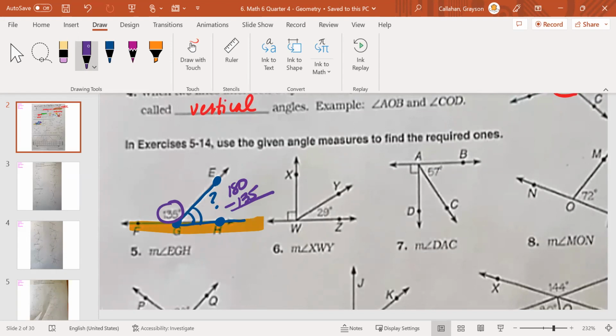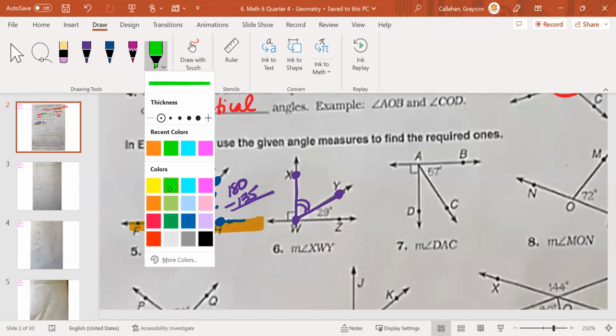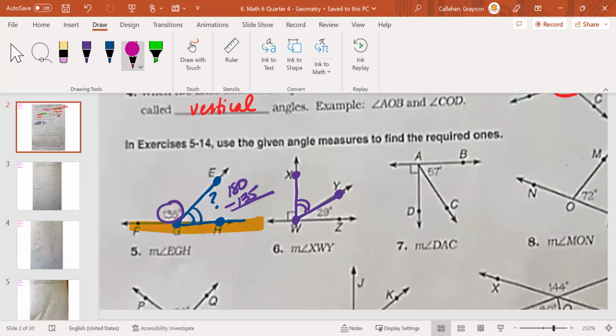So number 6, we want to find x, w, y. So here's x, w, y, this angle right here, right? Some of the keys that I see, what is a hint that they give you? What are some of the hints? Yep, 29 degrees, but also more importantly, what do you see here on the left side? It's a right angle.